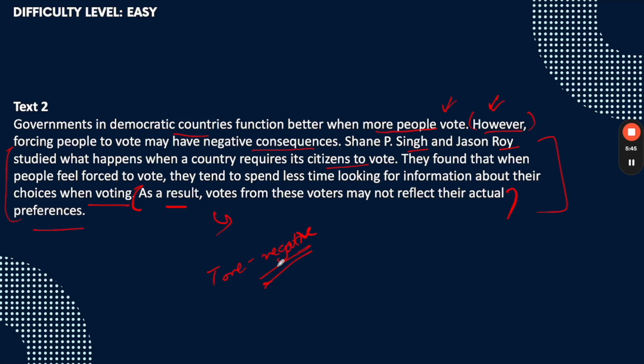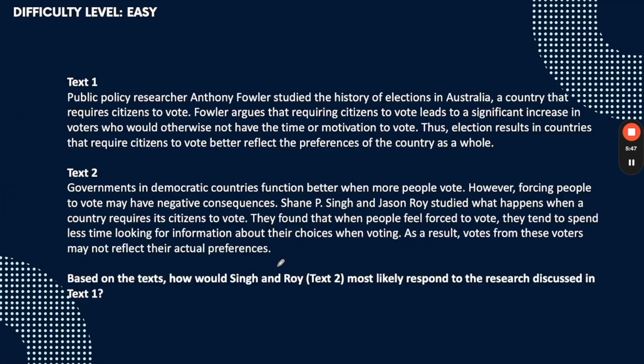Text 2 doesn't agree with it. So if I have to look at the connection between the two texts, it is basically positive and negative. They don't agree with each other, right? So before even looking at the options, I already know that probably Singh and Roy will not agree with the research and its conclusion, right?